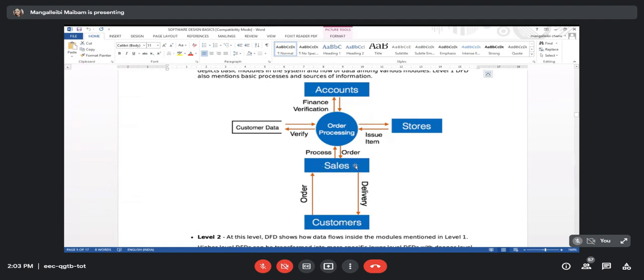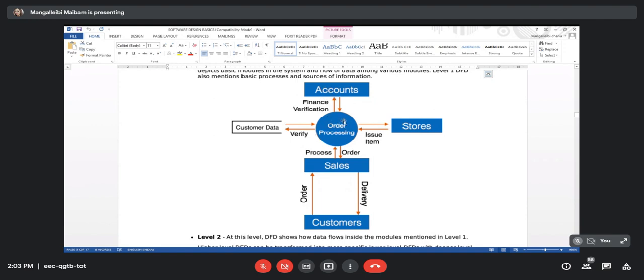How? We have sales as one entity here, where the customer will order through sales and some processing will be done here. What kind of processing? Like verification processing for the customer data and also payment verification through the accounts entity.